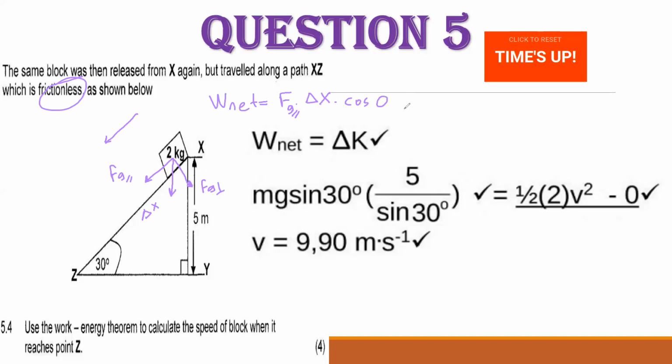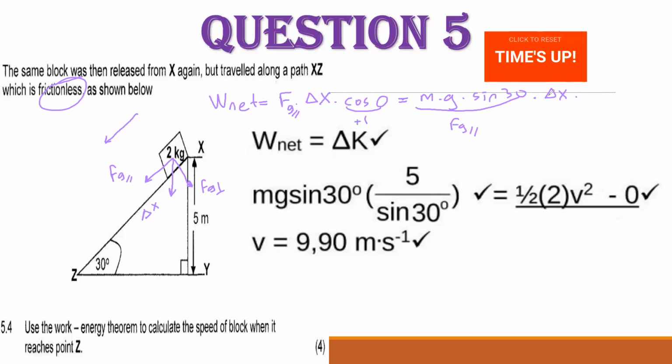But now cos 0. So work net equals m times g times sine 30, times delta x, times 1, so we don't need to write cos 0, we know it is 1.